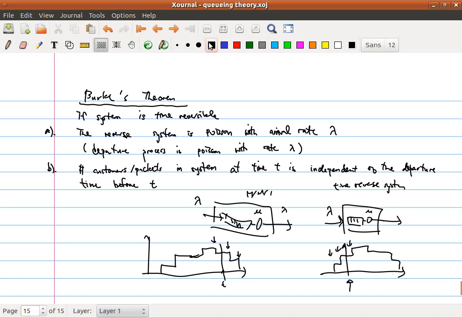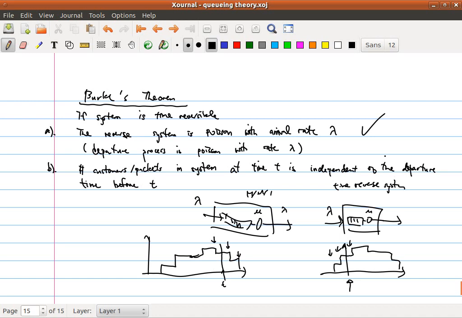Maybe I put it. And secondly, if a system is time reversible, the number of packets or customers in the system at time t will be independent of the departure times before t.